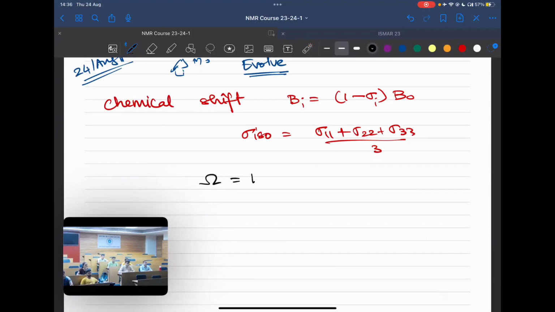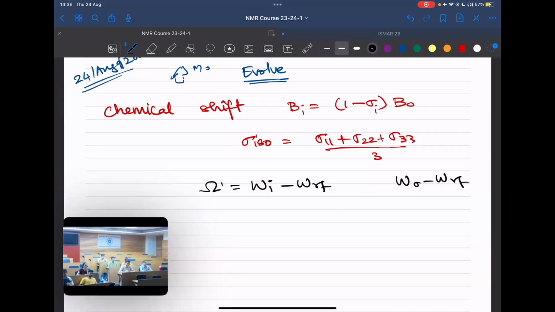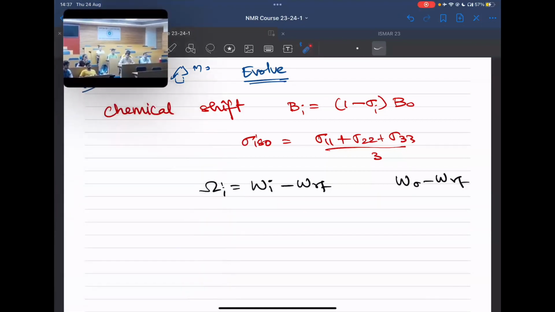We also defined something like offset, which initially was omega naught minus omega RF. But as you are able to realize, for every given spin, since there will be a shielding parameter, the offset will now get defined by where it is resonating, depending upon its shielding.